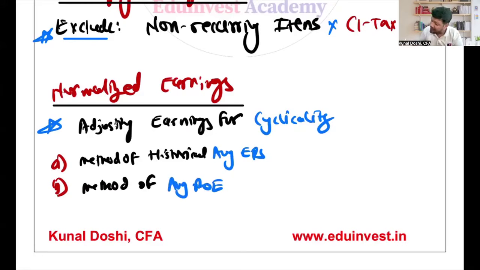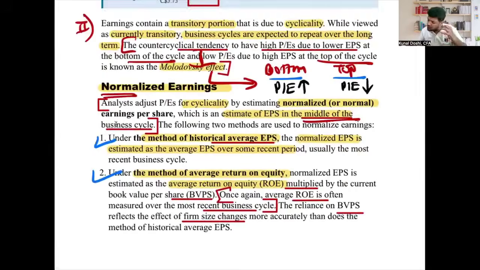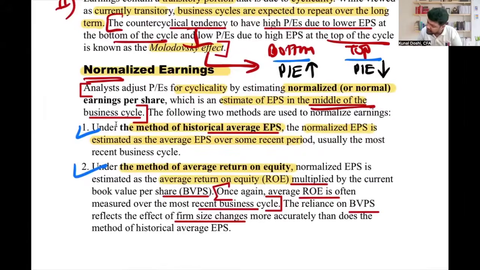Now remember, we are trying to find out earnings. So when I say average earnings, I will not take only the current earnings. We will take the earnings of a particular period. So here we may take the average EPS over some recent period, maybe the most recent business cycle, let's say the last 3 or 4 years, or the last 4 quarters. So we will take a couple of periods of earnings and take an average of it.